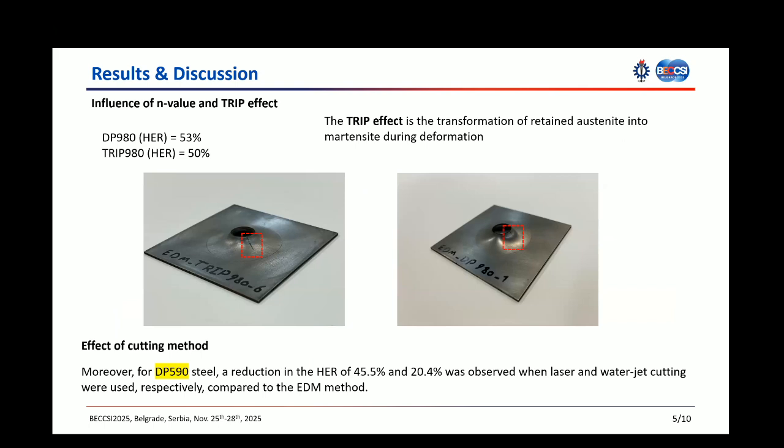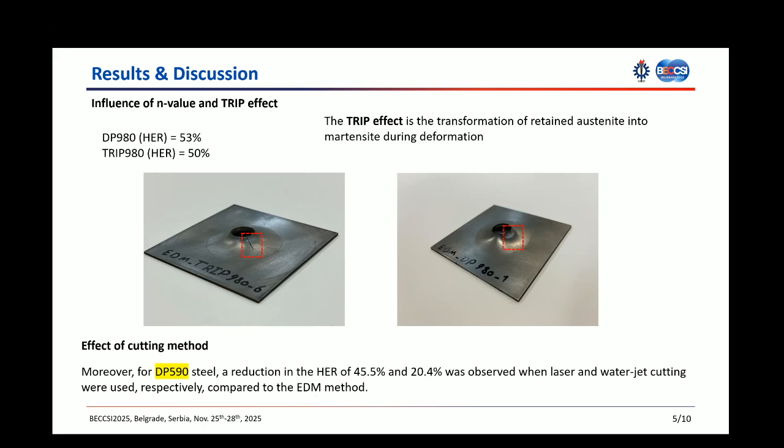The hole expansion ratio, or HER, of DP 980 and TRIP 980 were approximately 53 and 50% respectively. Additionally, the difference in HER between DP 980 and TRIP 980 can be attributed to the TRIP effect.